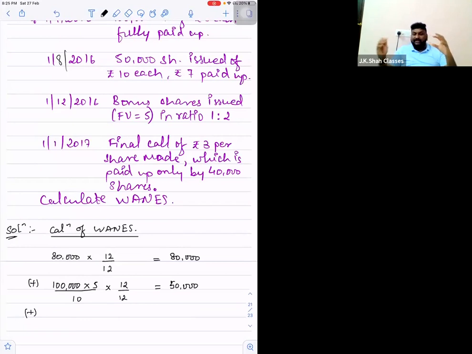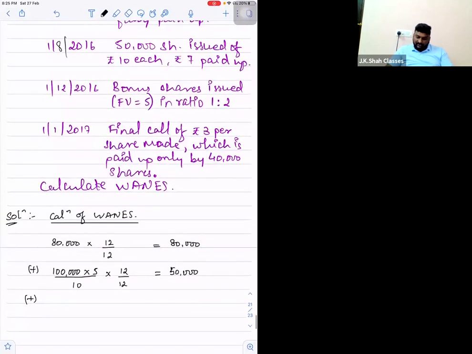They will be considered from 1st August to 31st December, because from 1st January, some of them are becoming fully paid up and some are remaining partly paid up. So we consider only till December. That is August, September, October, November, December, 5 months only.